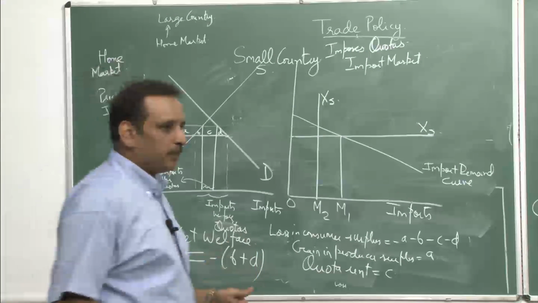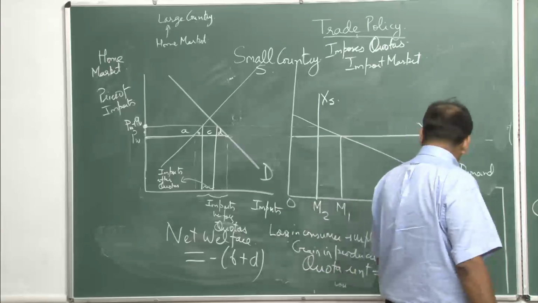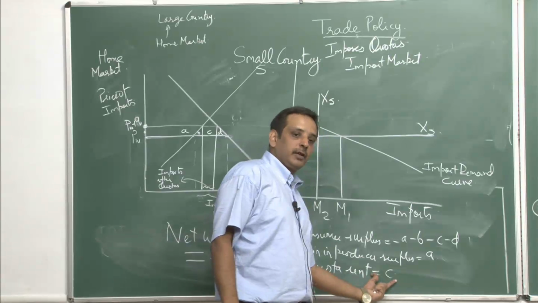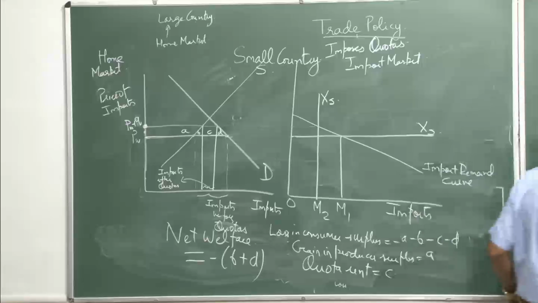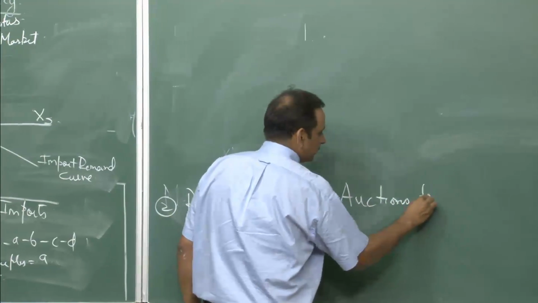It does a proper process, and so in this case the auction revenue can be equal to C. So, the third case is when you do the auctions for the license.